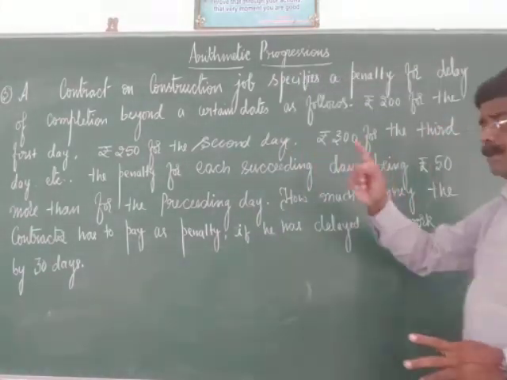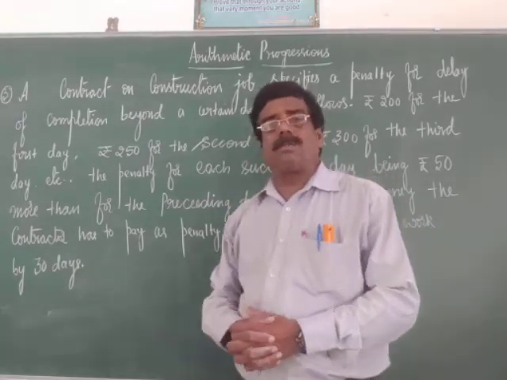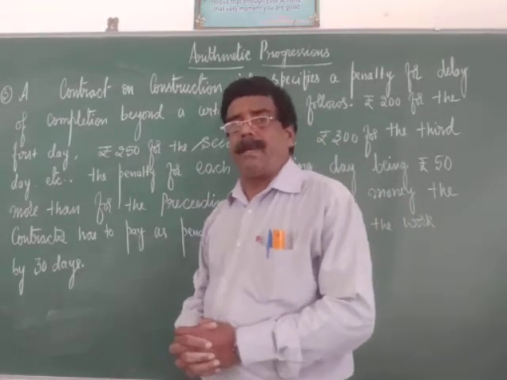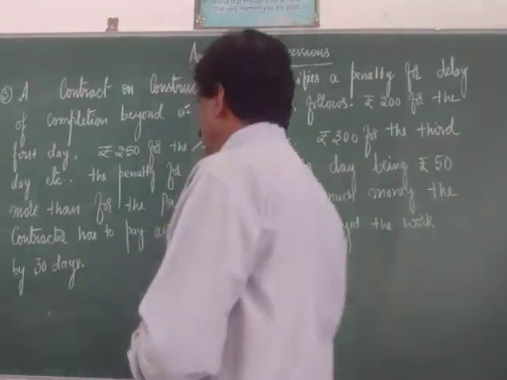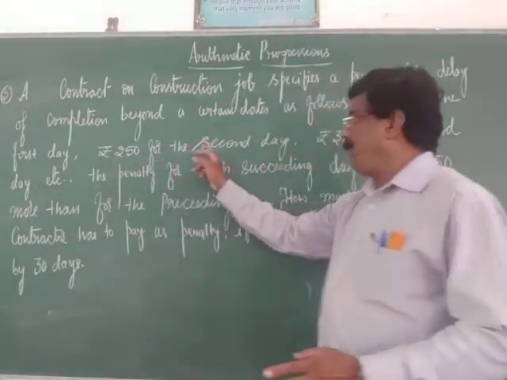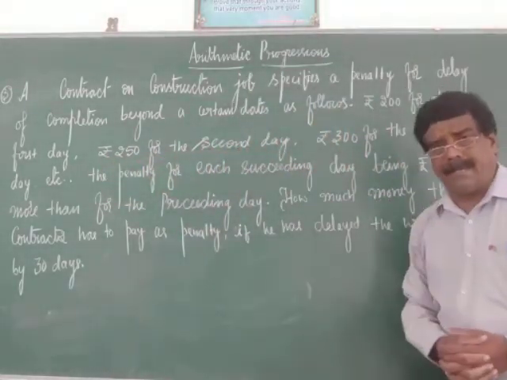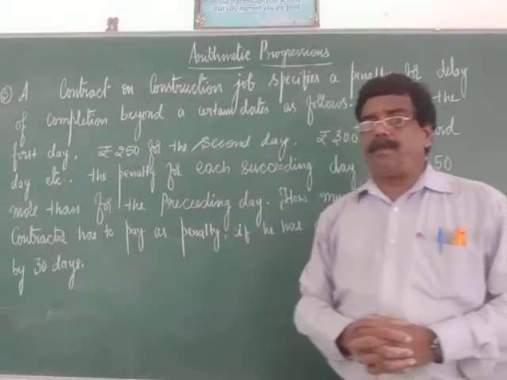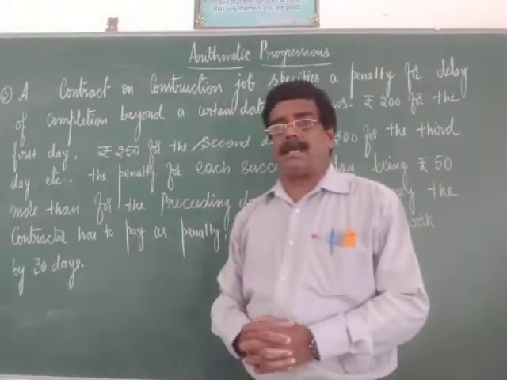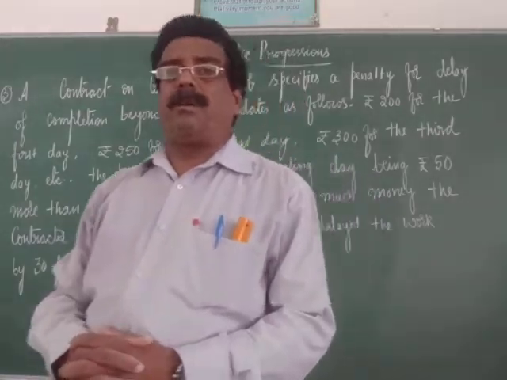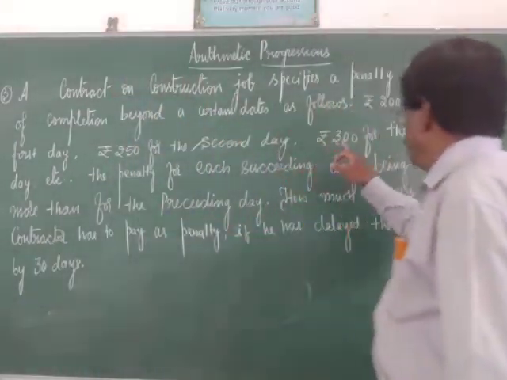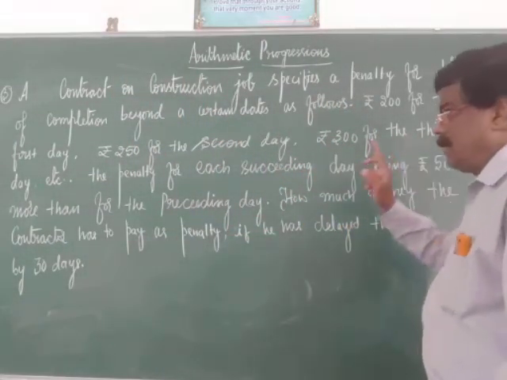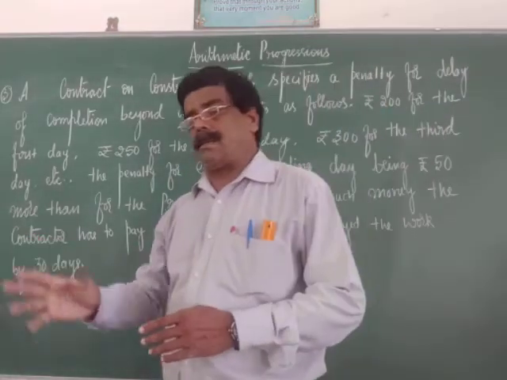Rupees 200 for the first day means you must know it is the first term of an AP. And rupees 250 for the second day. Second day is how much? It is 250 rupees. So we try to understand it is the second term of an AP. Rupees 300 for the third day, etc. It is given etc.